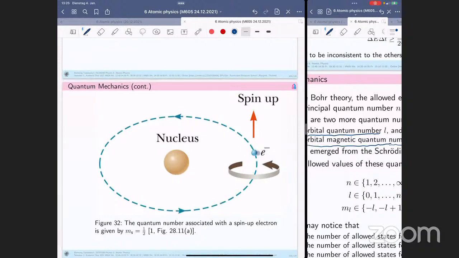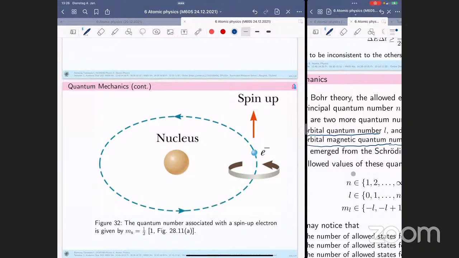Okay, if the electron is rotating around itself in this direction, according to the right-hand rule we would have the thumb direction pointing up, and in this manner the physicists call it spin up. Okay, and spin up corresponds to the value of m_s equal to 1/2.